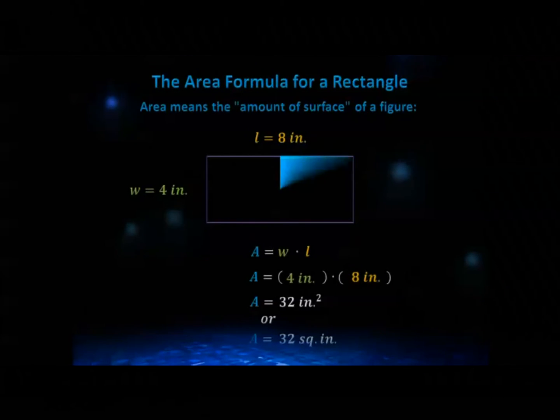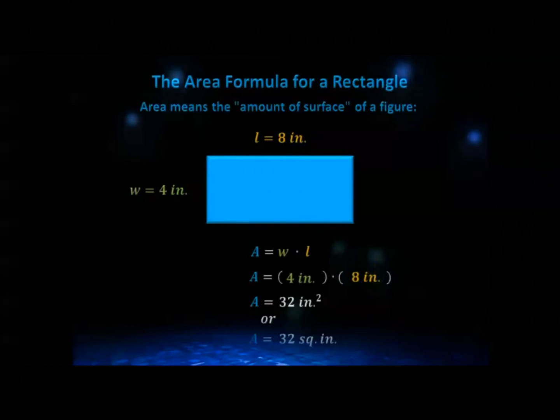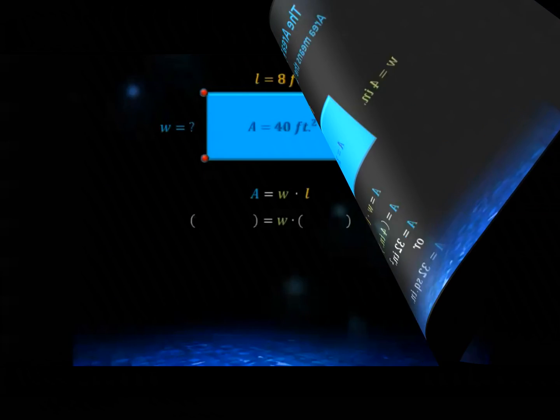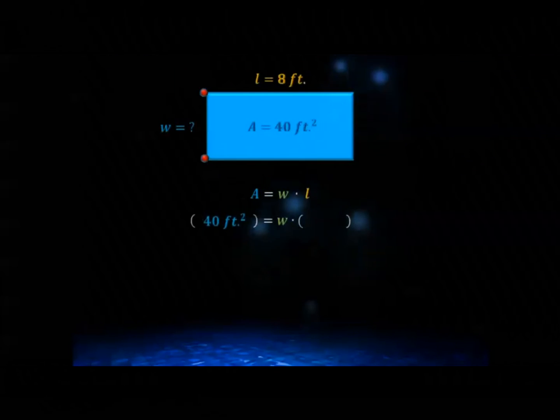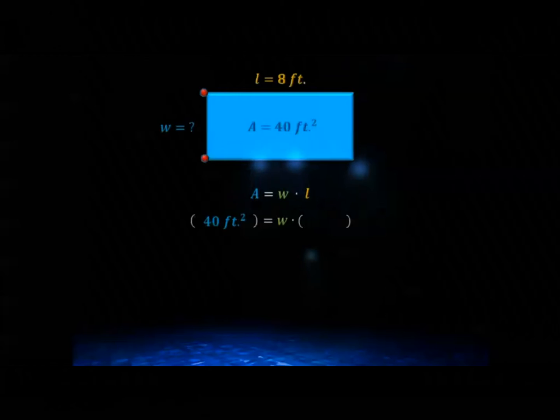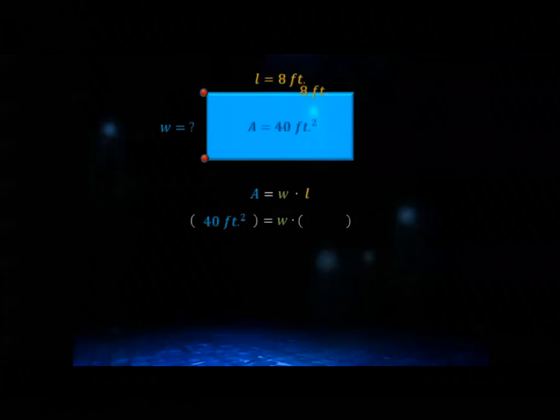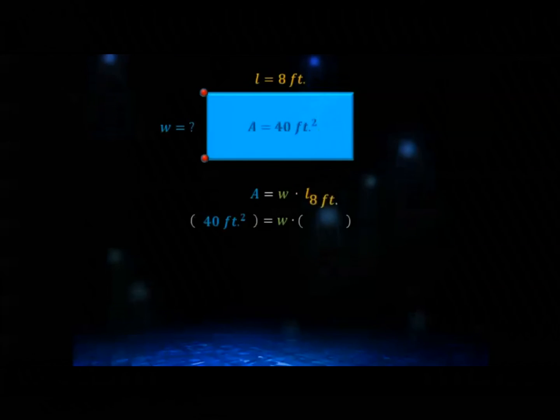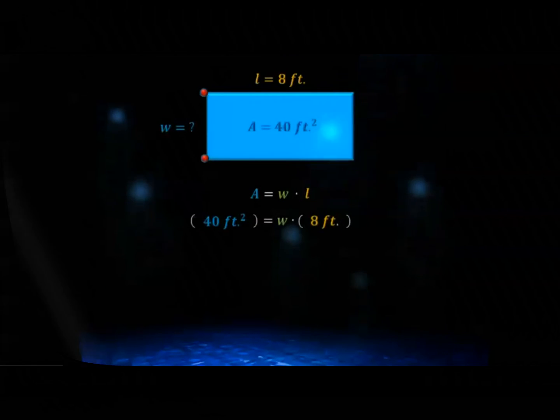In any case, we have calculated the area of our rectangle and replace the area in our formula with our measure, 40 square feet. And we replace the length in our formula with our measure from the problem, 8 feet.